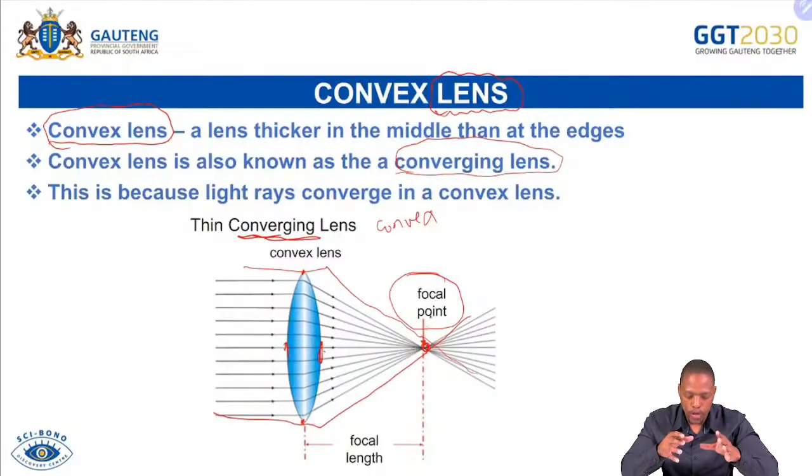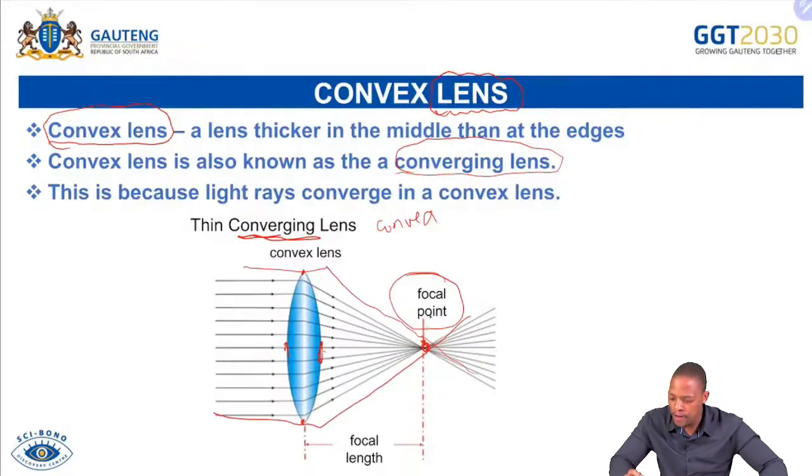The focal point. So all light rays that are going through the convex lens converge on one point. It looks as if they are converging on one point. So that tells us that this is a converging lens. All light rays there are converging. Okay, that is very important.